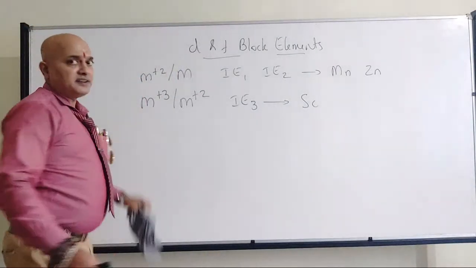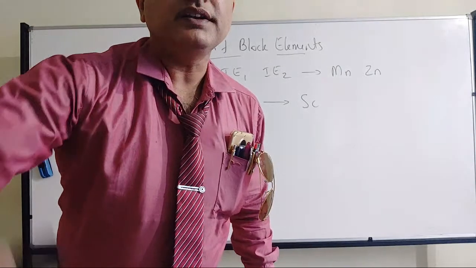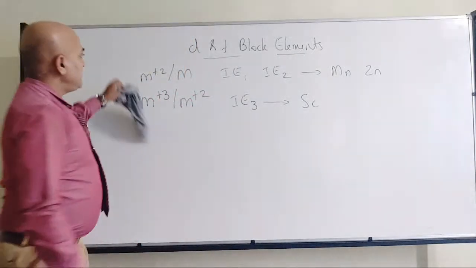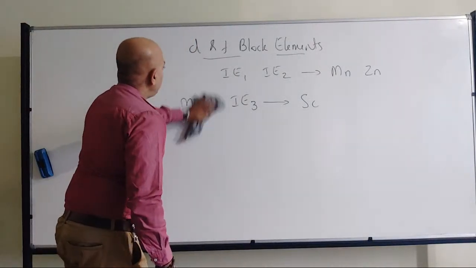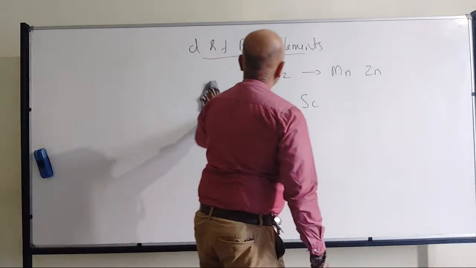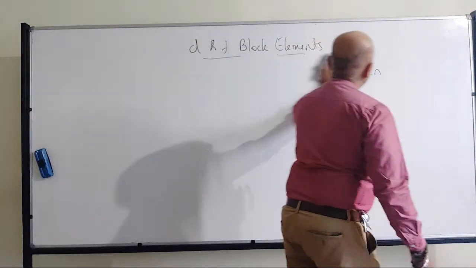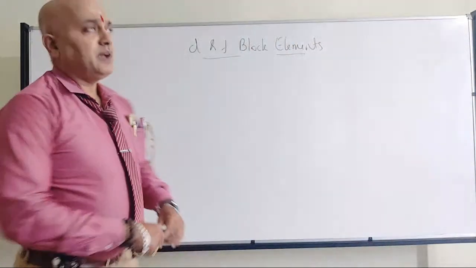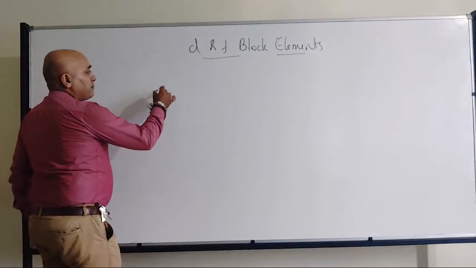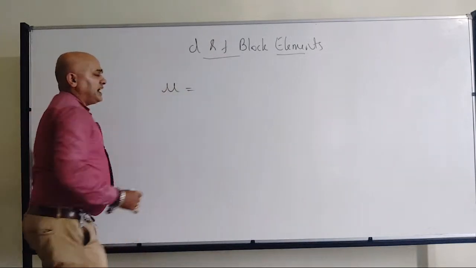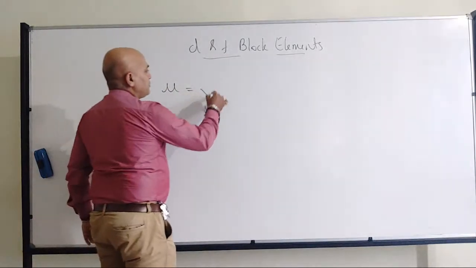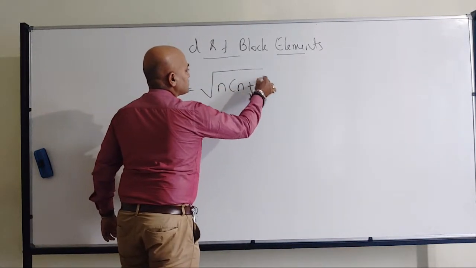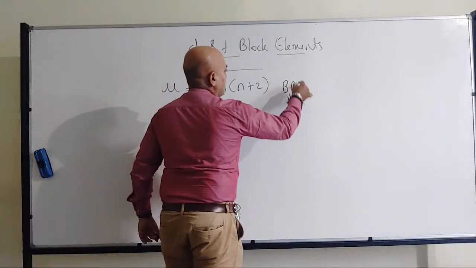Someone had written magnetic moment, that is Suresha. Yes, we have discussed magnetic moment, which is very important from the exam point of view. Related to magnetic property, mu is equal to square root of n into n plus 2 Bohr magneton.